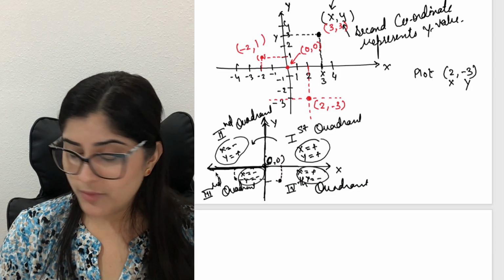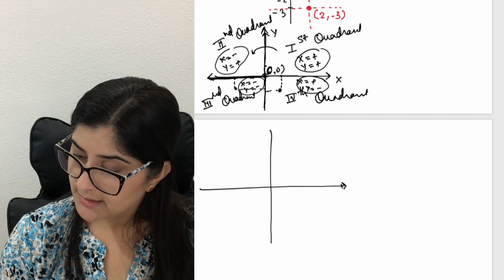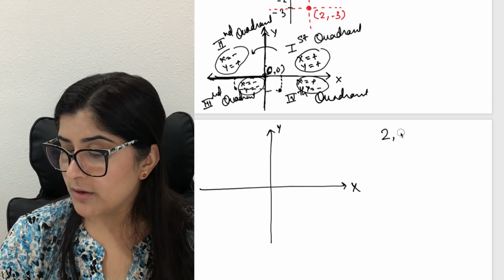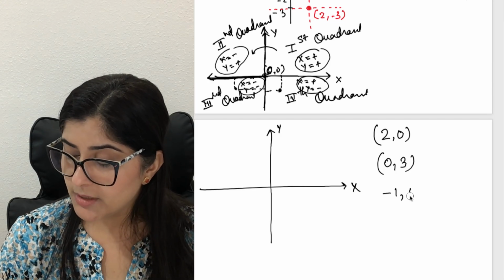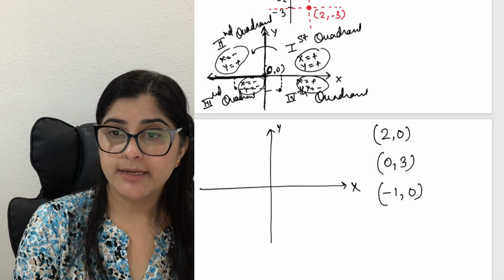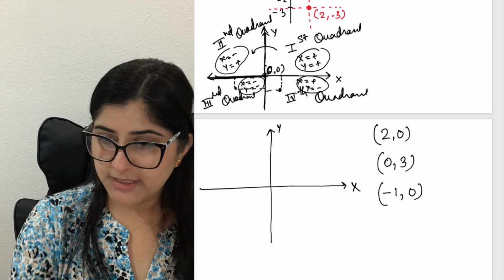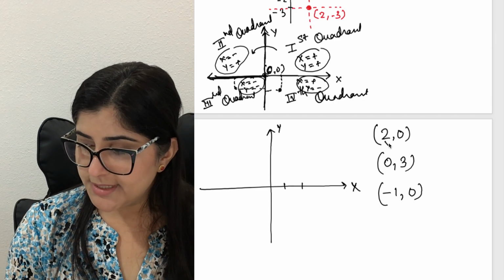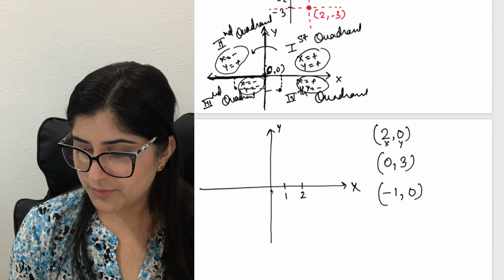And suppose I ask you to plot the points (2, 0), (0, 3) or (-1, 0). So for 2, 0, the x coordinate is 2, y coordinate is 0.